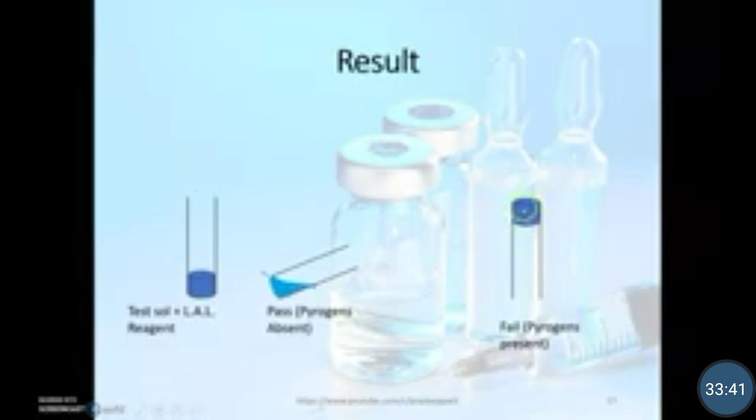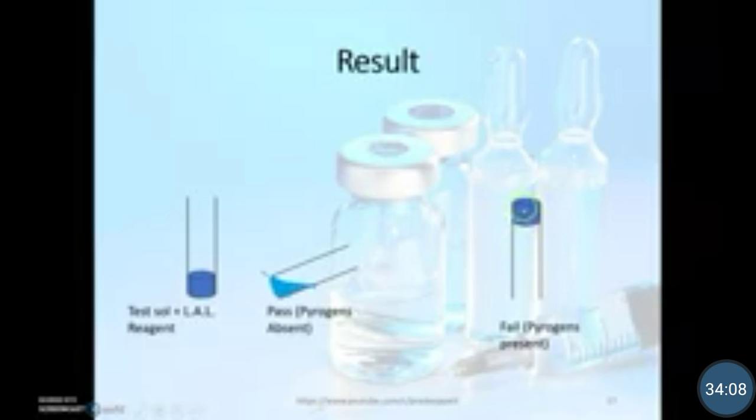After incubation of 1 hour, the test tube is slowly inverted at 180 degrees. If the solution in the test tube flows, then the test passes, that is gelling has not occurred, because pyrogens are absent.